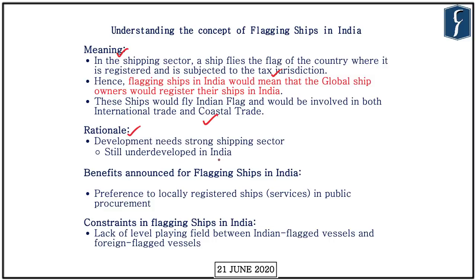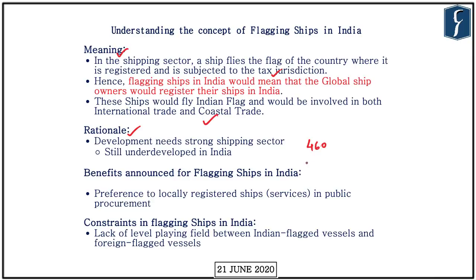Even a small country like Singapore has a much more developed shipping fleet. However, as we saw, in India there are only 460 registered ships so far. Apart from that, we need to realize that India has a vast coastline of 7,500 kilometers and a strategic location close to major shipping lines, and hence it has the potential to benefit from expanding maritime trade.